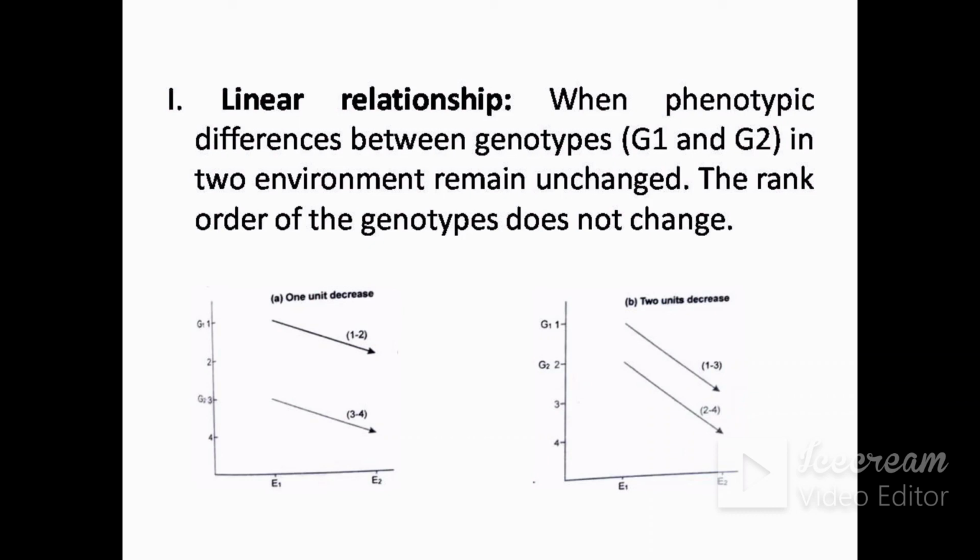In the first graph, we can see that genotype 1 is on the top, having rank 1 in environment 1, and in the same way genotype 1 again has rank 1 in environment 2. So in this linear relationship, there is no change in the rank order.